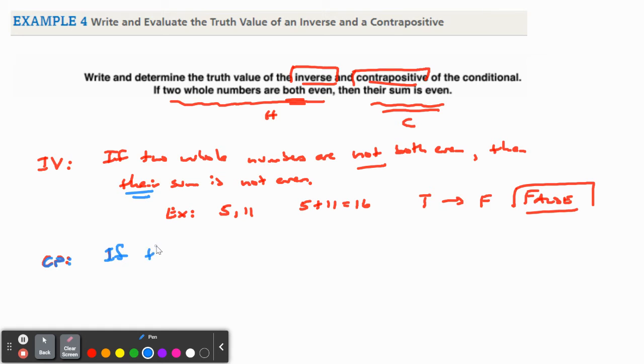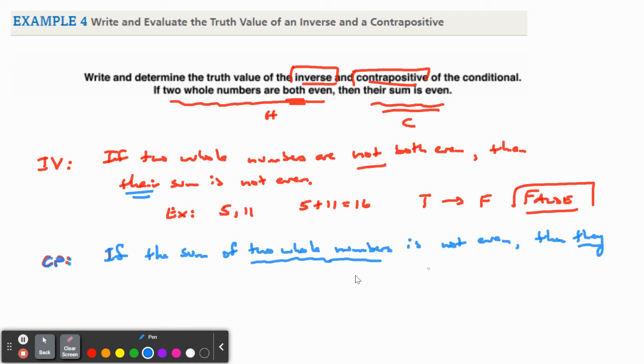We're going to say if the sum of two whole numbers is not even. So notice this, I left the two whole numbers idea in the original hypothesis, the opening phrase. Then you'll say then they, so that they represent the two whole numbers. Then they are not both even.